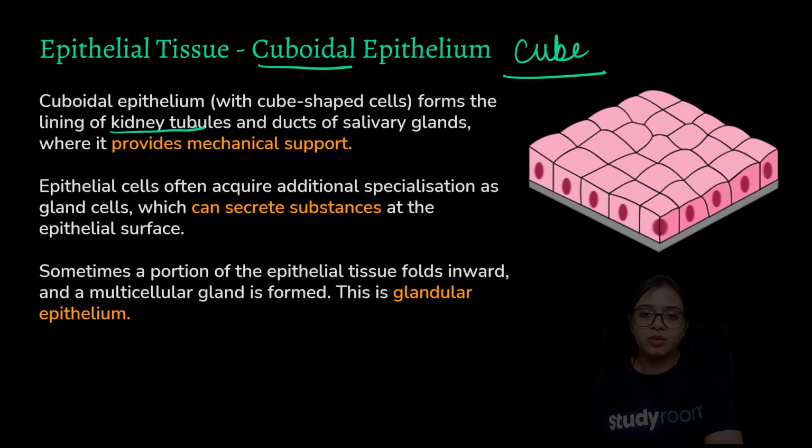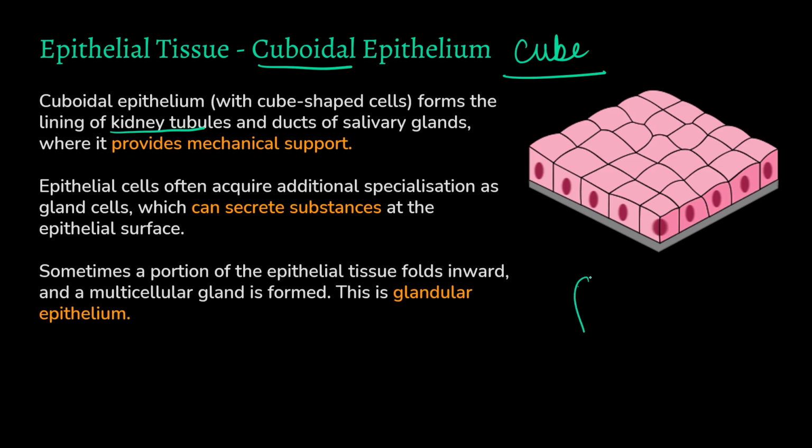Think of it like that. If there is this bean-shaped kidney, there must be some layer covering these organs. So these cube-shaped cuboidal epithelium cells form the lining of the kidney tubules.